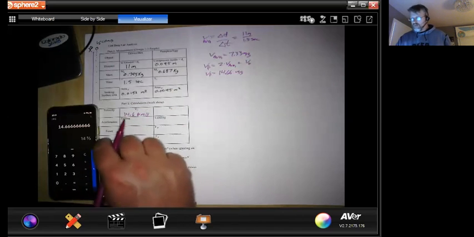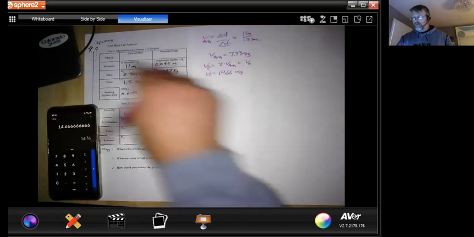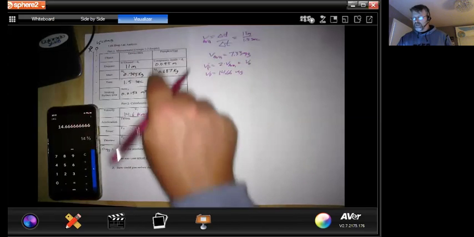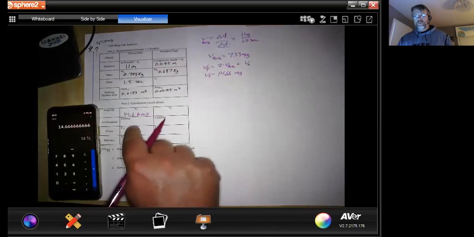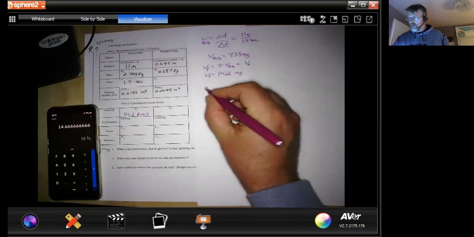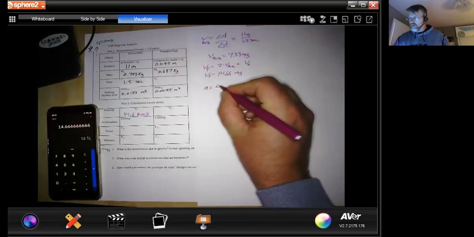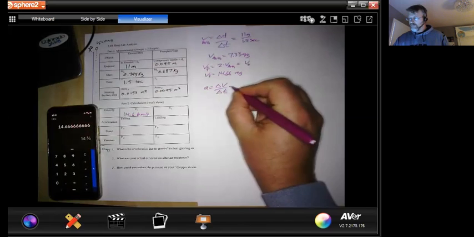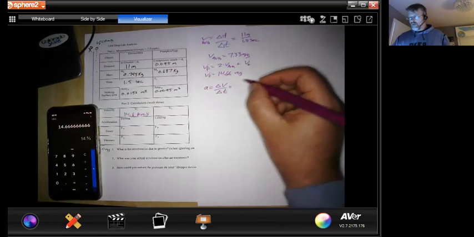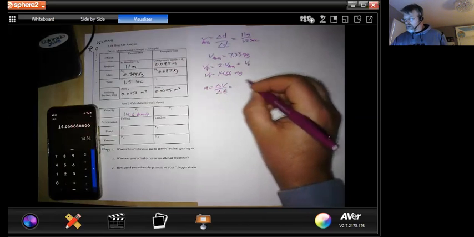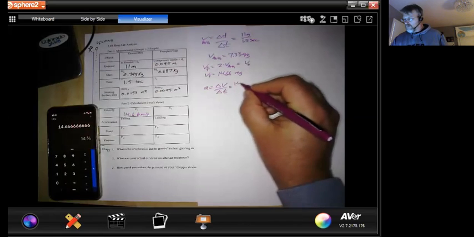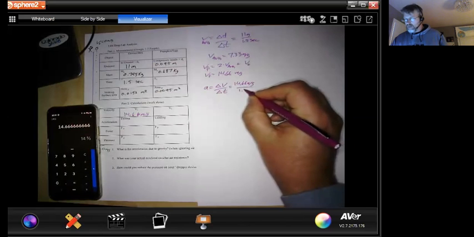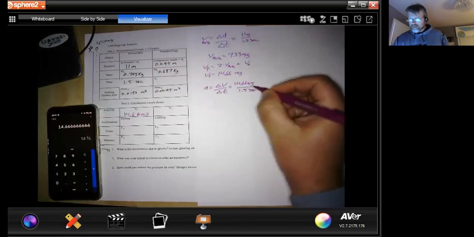All right, so now we have our final velocity, we have our initial velocity, we have time, we have distance. Now we can solve for acceleration. There's a number of ways we can do this. I just like sticking with the fundamental equation if I can. So this went 14.66 meters per second in 1.5 seconds.